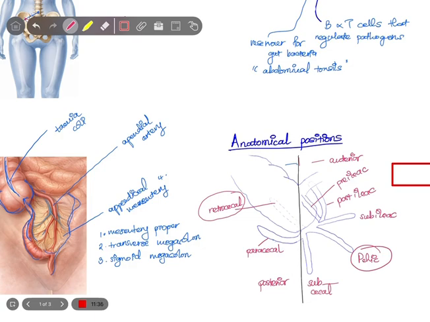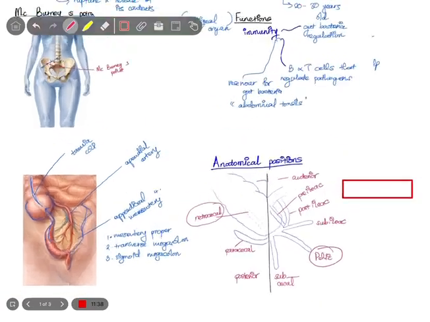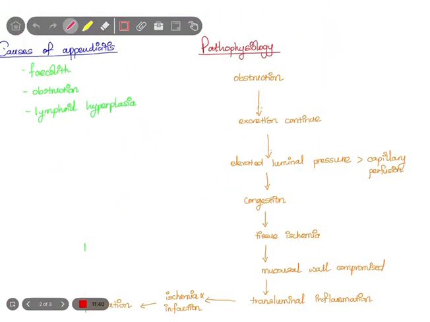Now let's move on to take a closer look at the causes of appendicitis. But I want us to first understand that all the following causes that we would explain and look at all lead to obstruction, which is the main step in the pathophysiology of appendicitis.